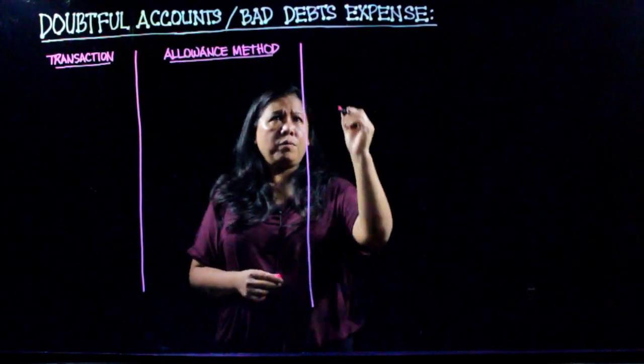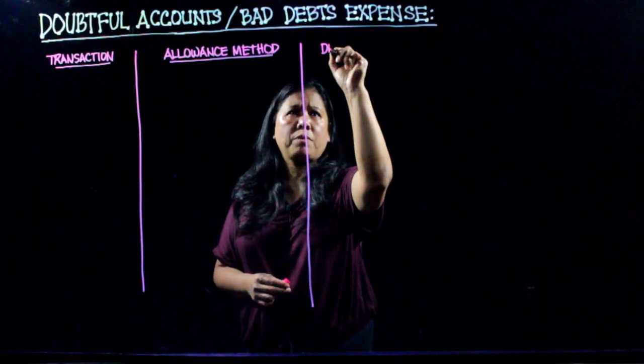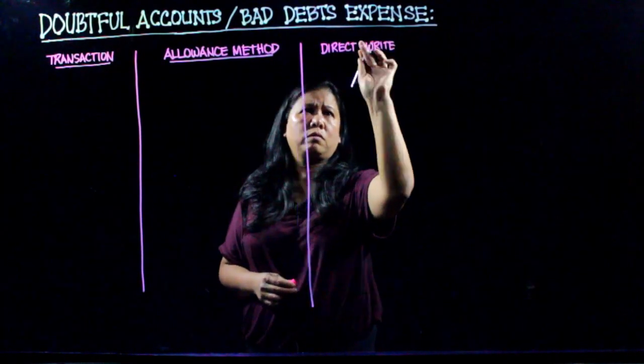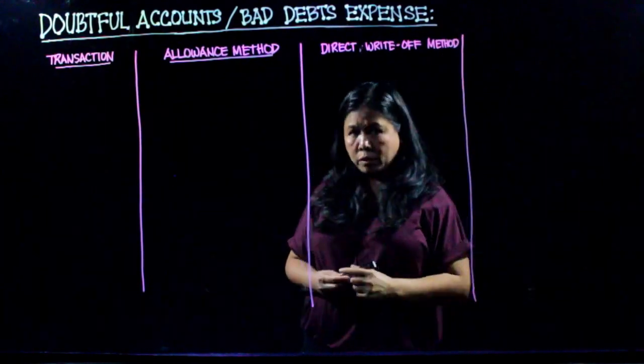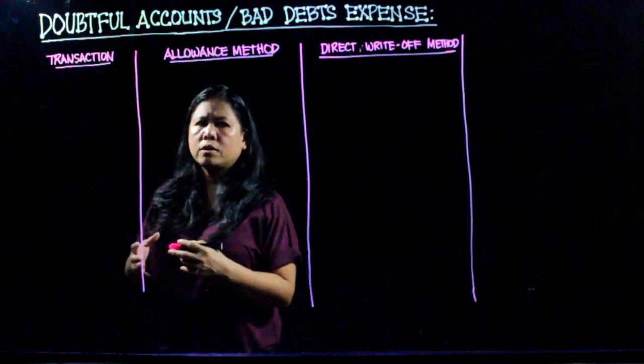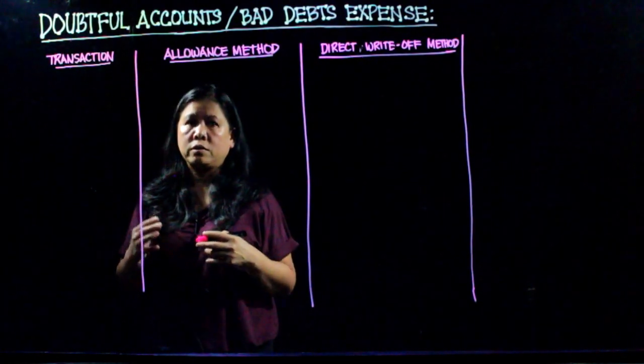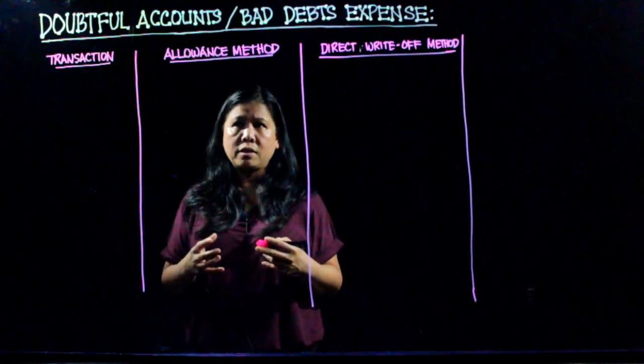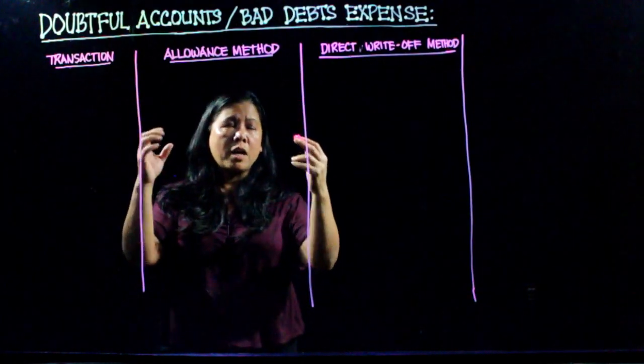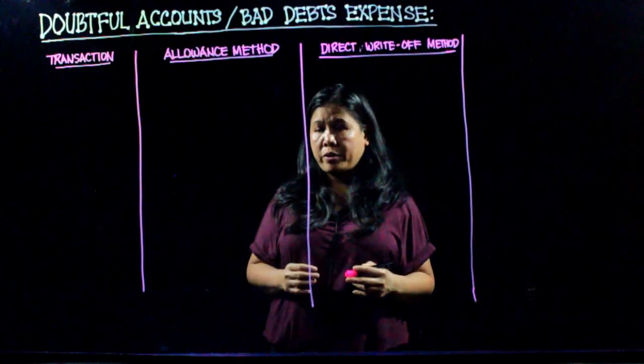And then we have our direct write-off method here. So let us discuss the journal entries on the doubtful accounts or the bad debts expense using the allowance method as well as the direct write-off method.